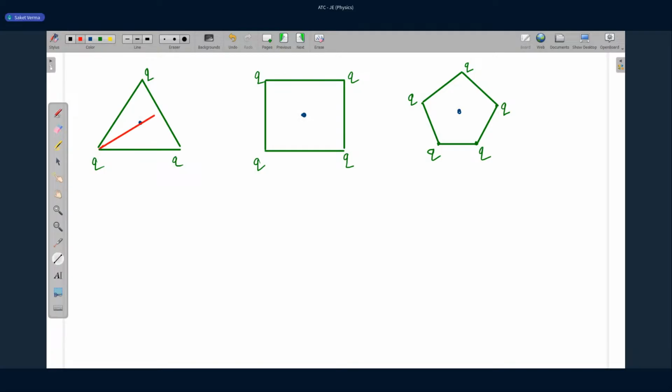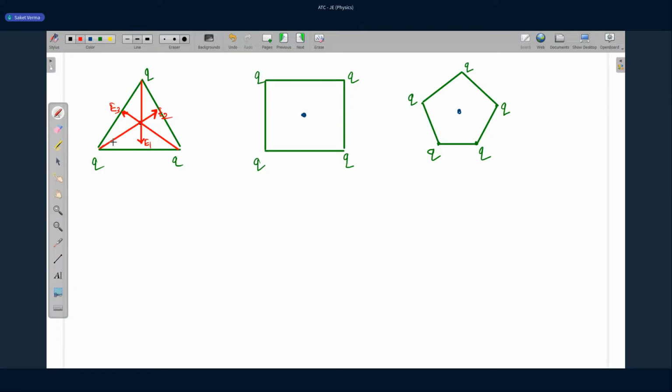Here the direction of the electric field: because this is a positive charge, the electric field from a positive charge is always outward. For this one also the electric field is outward, and for this also it is outward. Because the distance is the same from all, when you calculate, this is E1, this is E2 and this is E3.